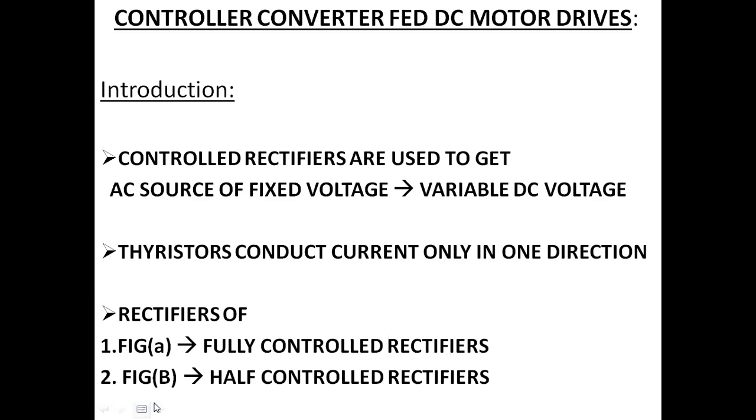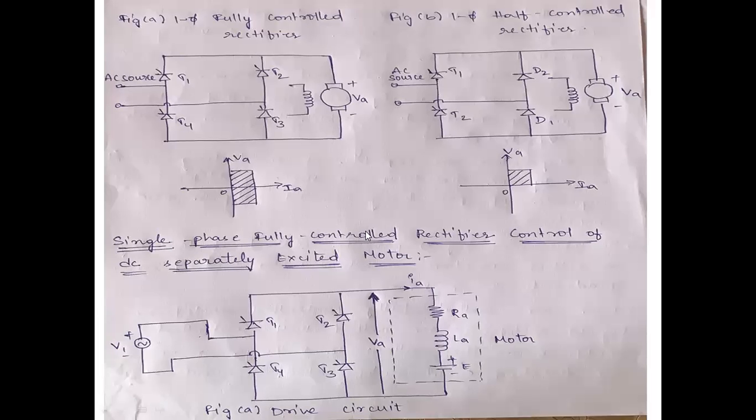First we will see the DC separately excited motor with the fully controlled rectifier. And with the half controlled rectifier you will also deal with 2 types of motors: first the DC separately excited motor and second the DC series motor.